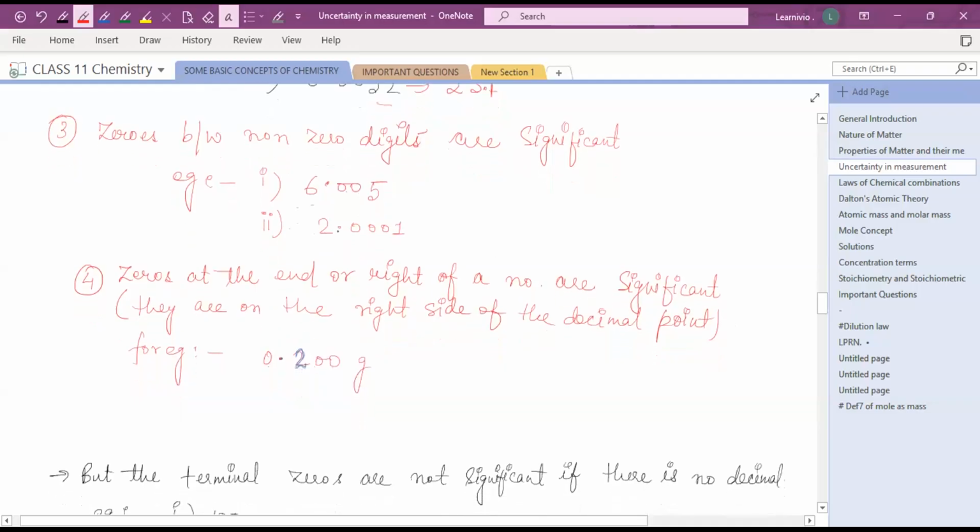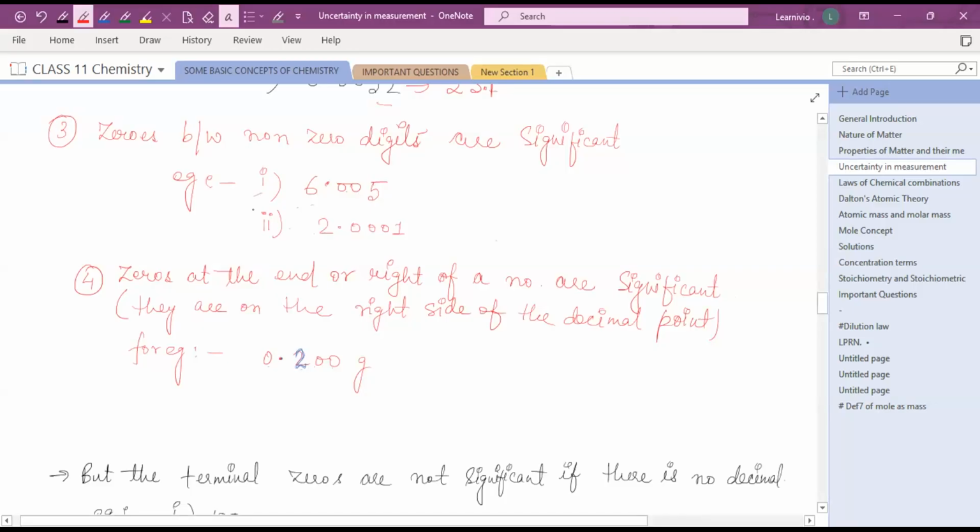Now, the third rule is this: zeros between non-zero digits are significant. जितने भी zero हो between two non-zero digits, they are considered significant figures.